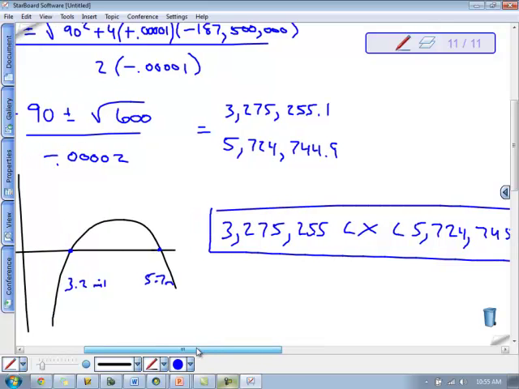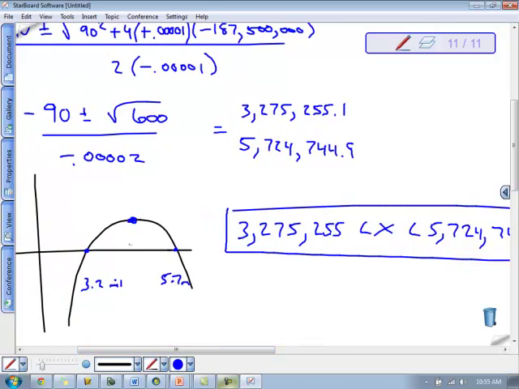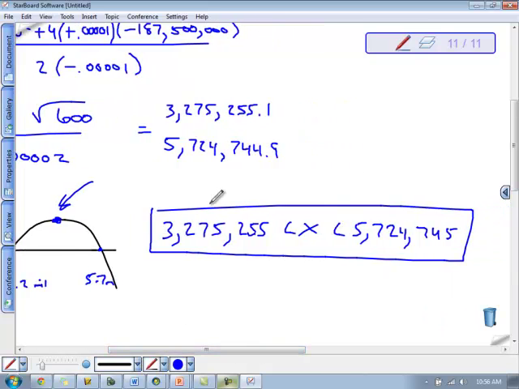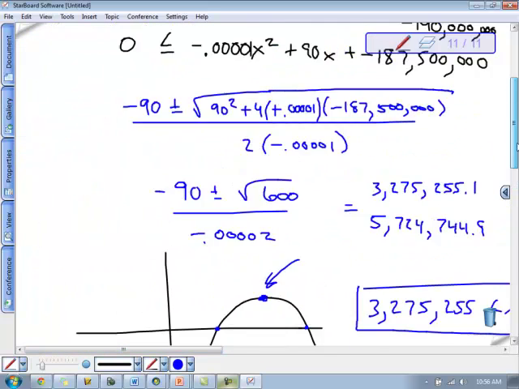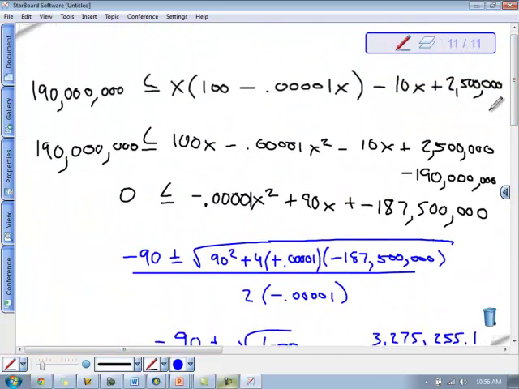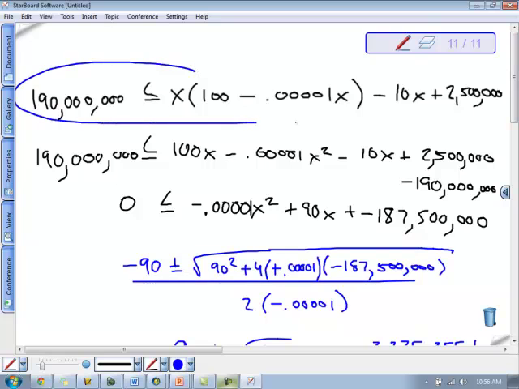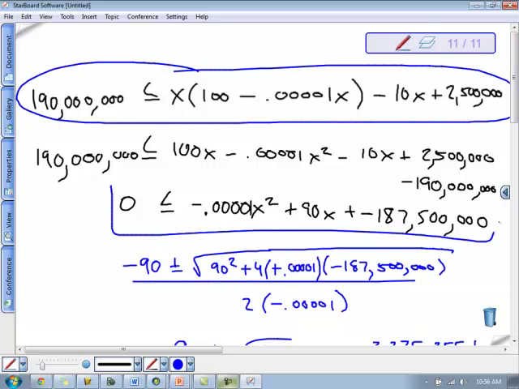Now obviously what we really want to ask is what maximizes our profit. How many calculators should we make to maximize our profit? You could look at the maximum point of that parabola, which we'll do later. But this is an application of solving. This is the solution to this complex inequality.